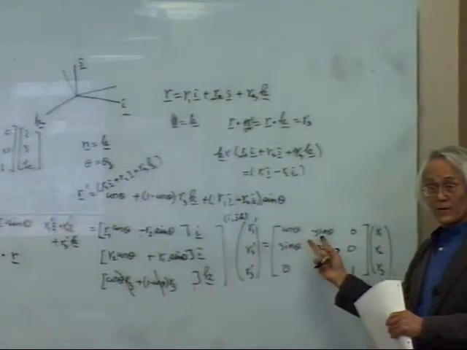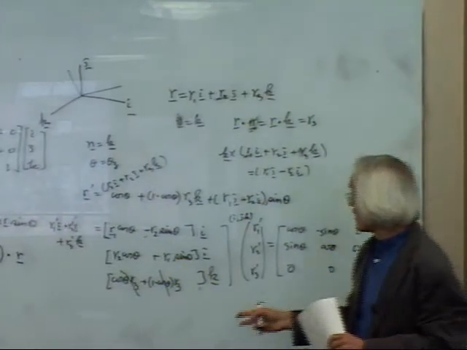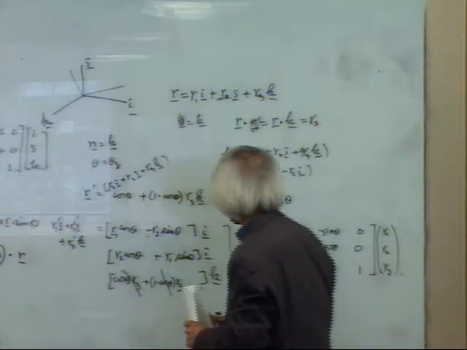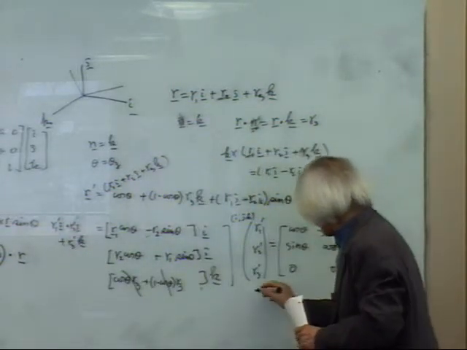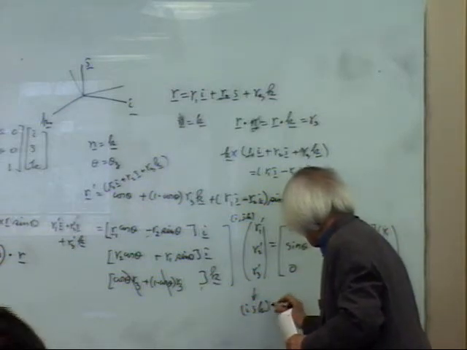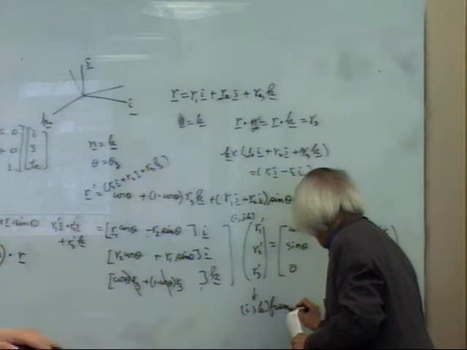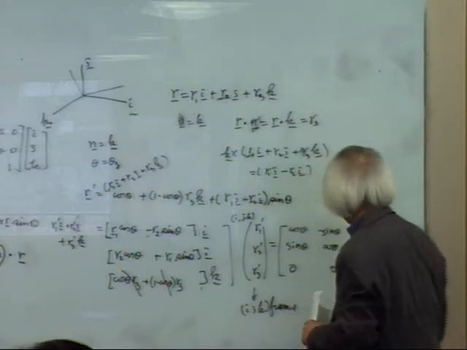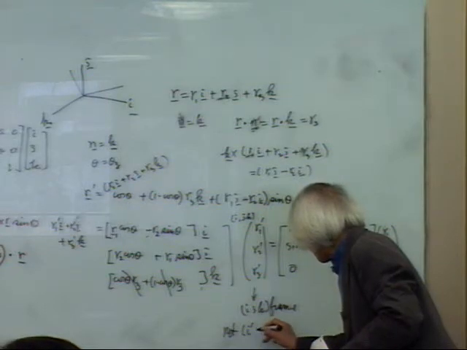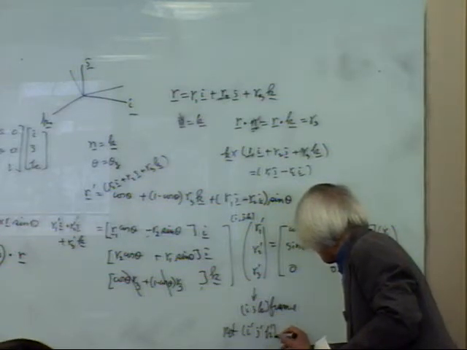But here the signs are just reversed the other way around. The reason is this R1 prime, R2 prime, R3 prime is put back on the IJK frame, not the I prime, J prime, K prime frame.